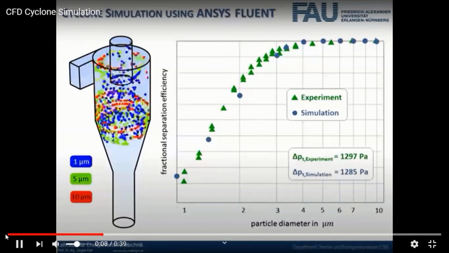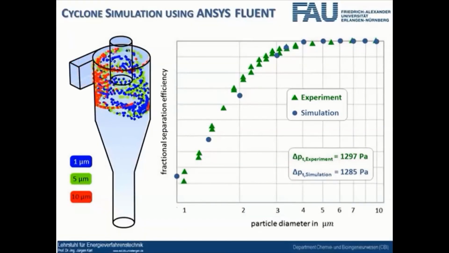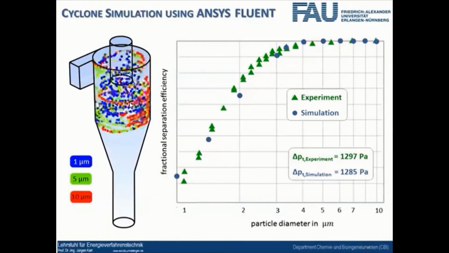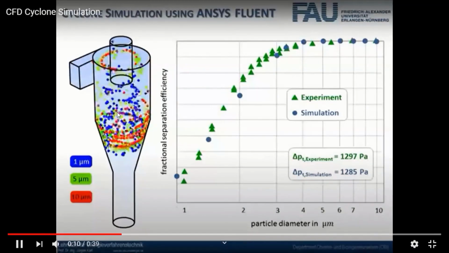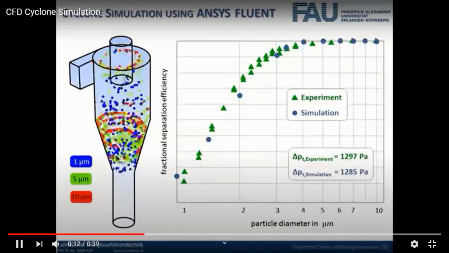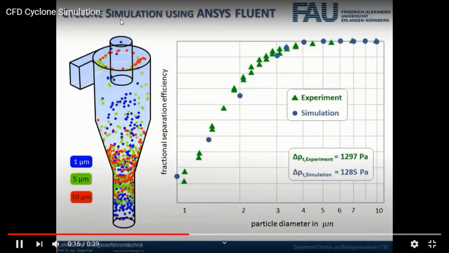Okay, so you're introducing particles of 3 different sizes: 1 micron, 5 micron, and 10 micron. The 1 micron ones are the blue ones. You see, because of their smaller size, the small particles will just follow the flow, and then they can easily exit from the cyclone.